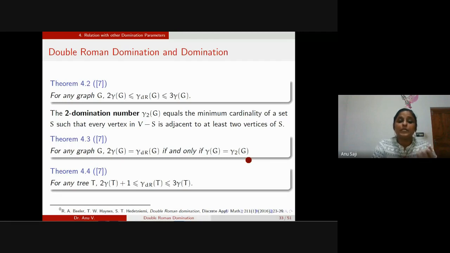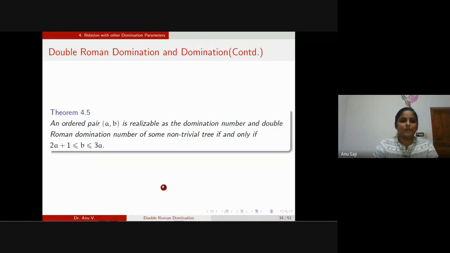But for trees, this lower bound can be improved by 1. For any tree, 2γ(T)+1 ≤ γ_dR(T) ≤ 3γ(T). Also, there is a realization for all these values.